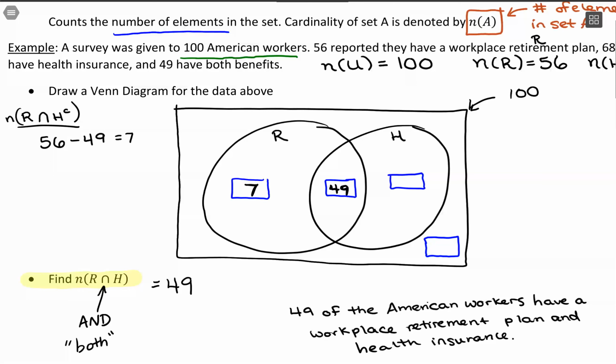Same thing for health insurance. If we want to look at this cardinality for having health insurance and at the same time they don't have a retirement plan, so what we'd want to do is overall for health insurance there were 68 people, but we needed to take out those 49 that overlapped with each other. So with that, we need 19.